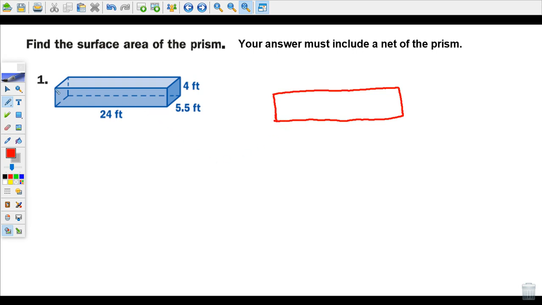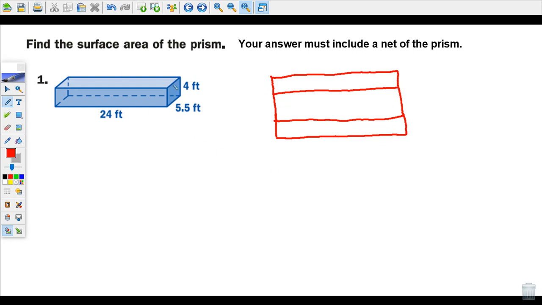And then I'm going to unfold the front and the back. So the front, this side that's going to fold down, is 4 feet. So it's a little bit less than this 5.5 right here. So there's the front. And then the back, which we can't really see, also folds backwards, and it's identical to the front.